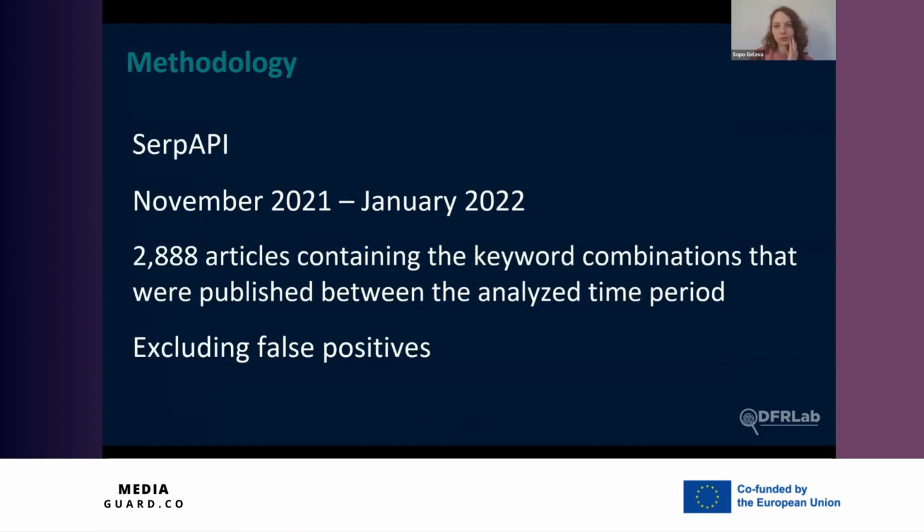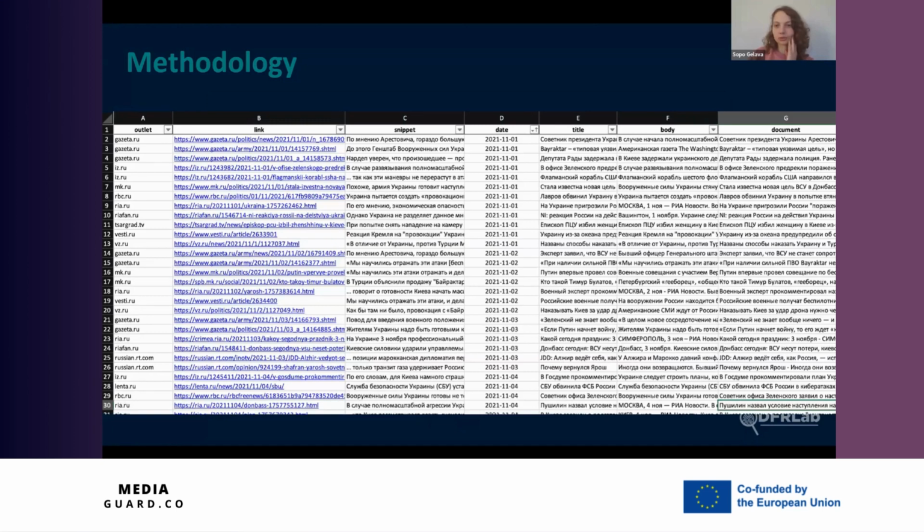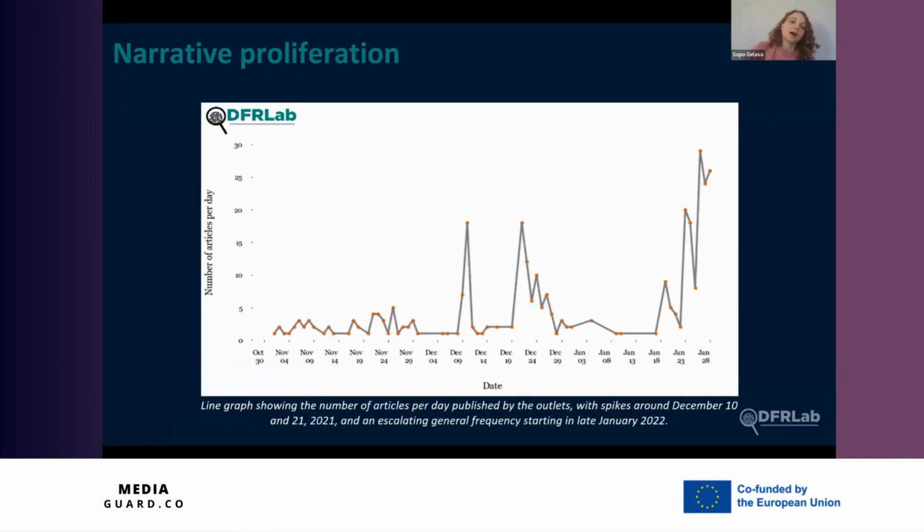Of course, these keywords were also used for different purposes in different content, and excluding false positives is part of the methodology and part of the job. If you approach investigations and analysis of narrative and narrative warfare, this is a very important step, because otherwise we might have false results.